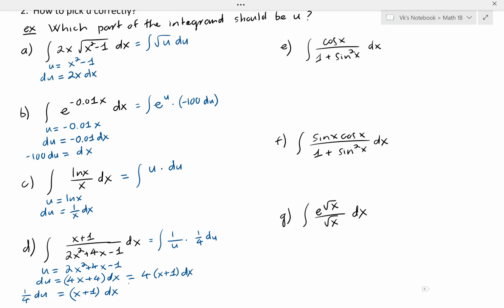And the derivative of arctangent is 1 over 1 plus x squared. So here we let u be sine x, and du is cosine x dx. This becomes the integral of 1 over 1 plus u squared multiplied by du. Yay, and the integral of this is the arctangent.